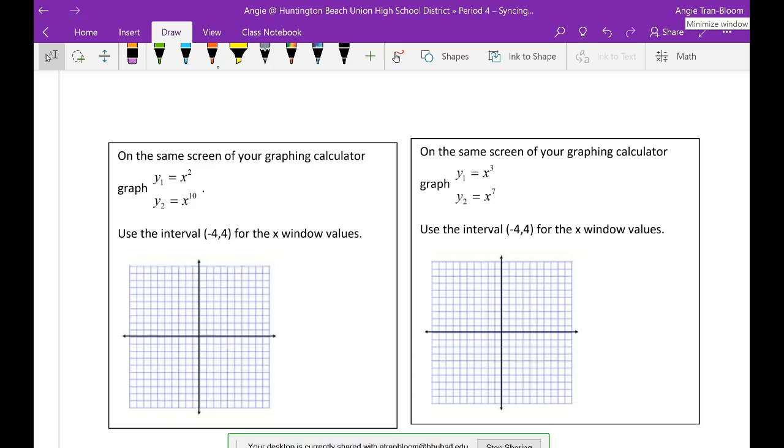I think graph is enough. Just graph. No, just graph. Because you put even window. So just graph it. Because you did negative 10, positive 10 for y.